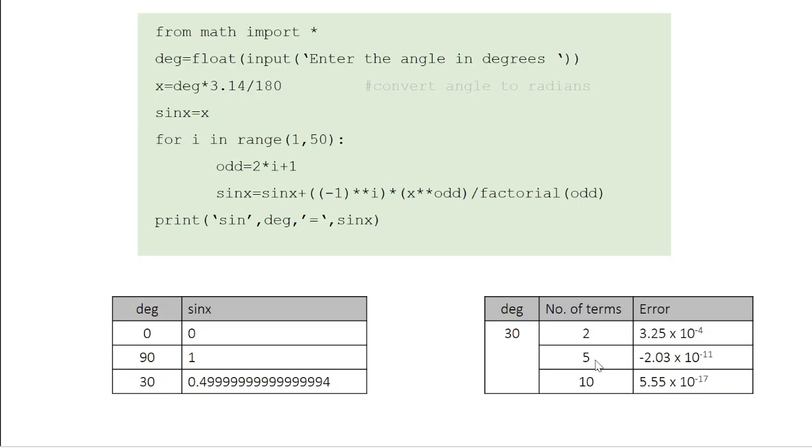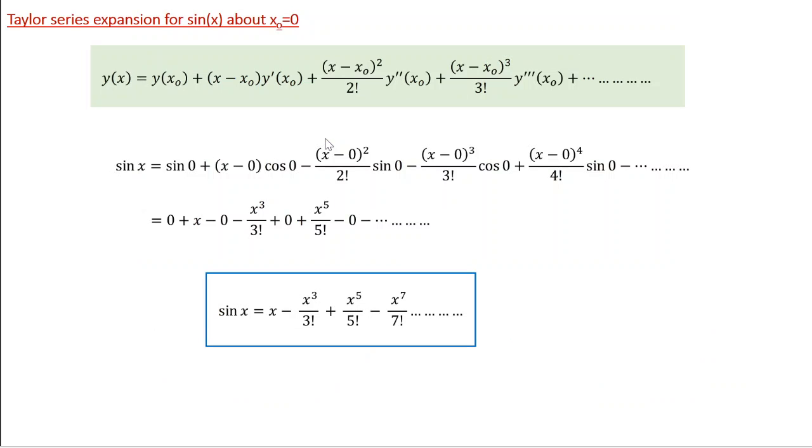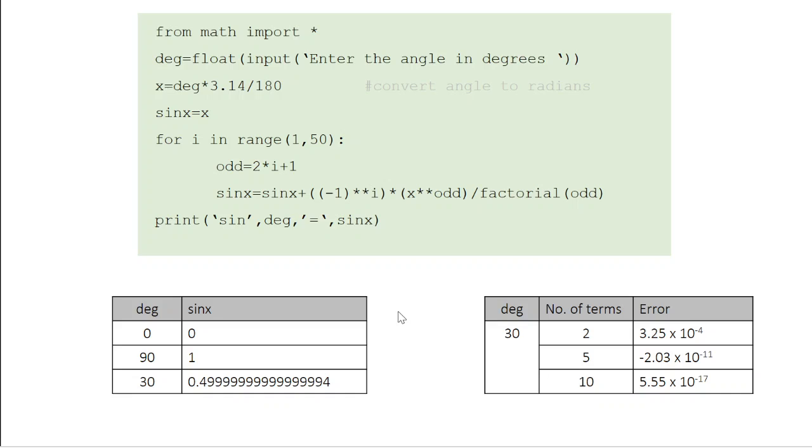You include 5 terms. So basically you have range 1 to 5. So if you look at the series expansion, you are going to have the first 5 terms. Now you get a particular solution and find the difference between the exact solution and this numerical solution. This is going to be minus 2.03 into 10 to the power minus 11, which is very, very small.